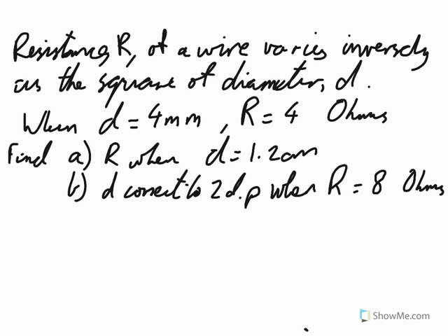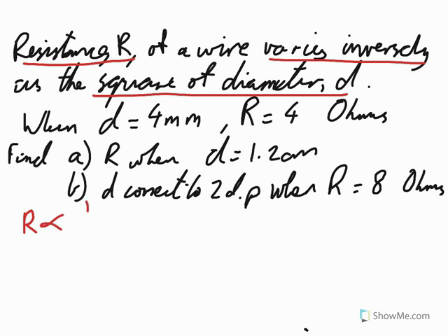And the mathematics tells us that the resistance R varies inversely as the square of the diameter. So if that's the case, then our resistance would be equal to some constant over the diameter squared.